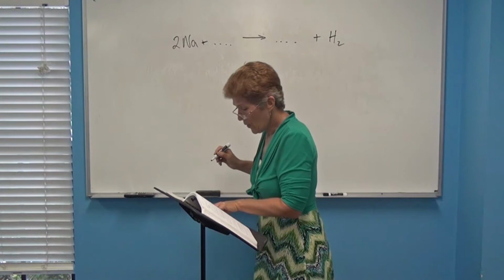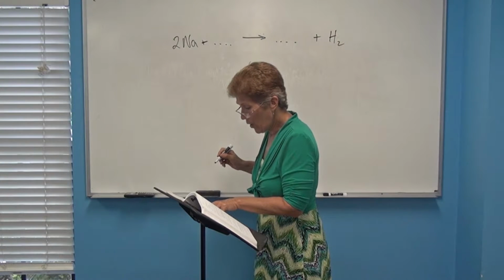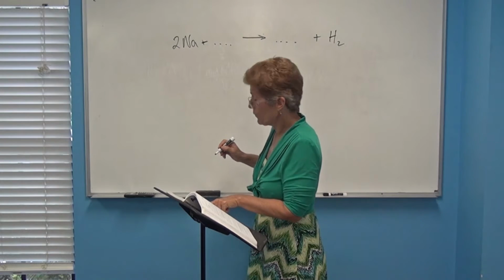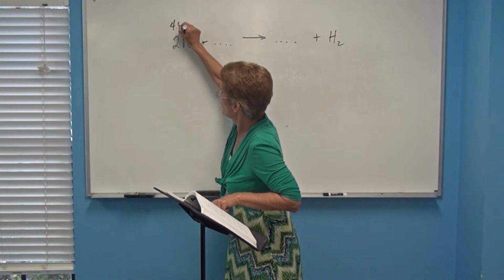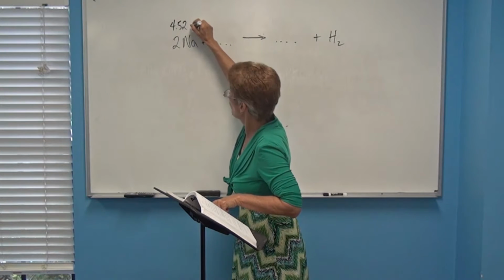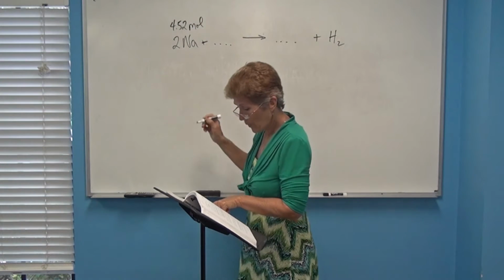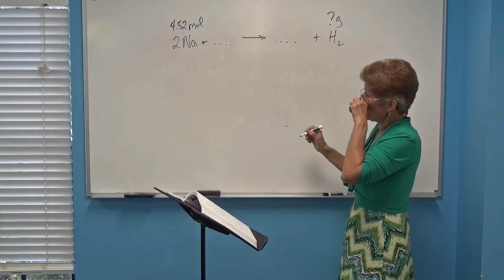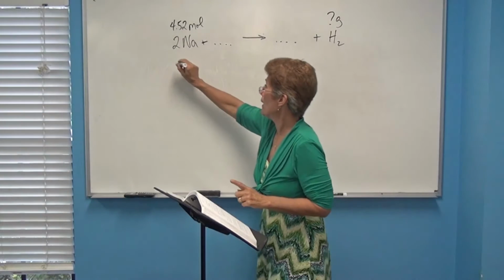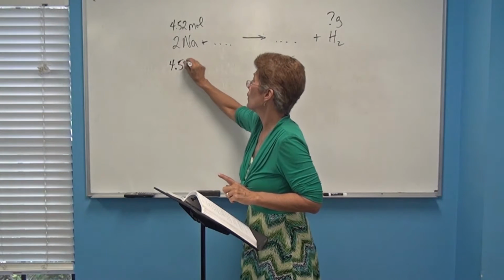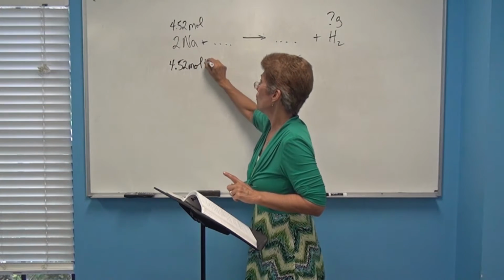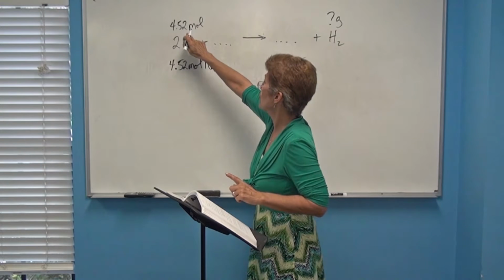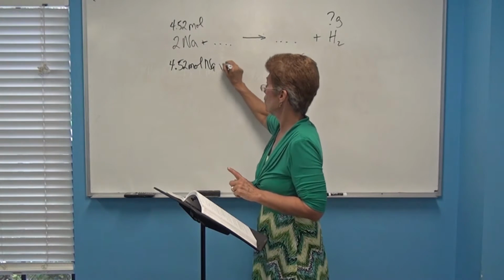There we go. Okay, so we started with 4.52 moles of sodium, and we want to know how many grams of hydrogen. So we start over here with what we're given. We know we're going to have to go from moles to moles to get over here.